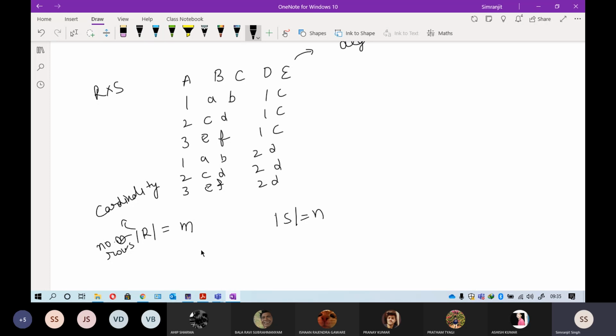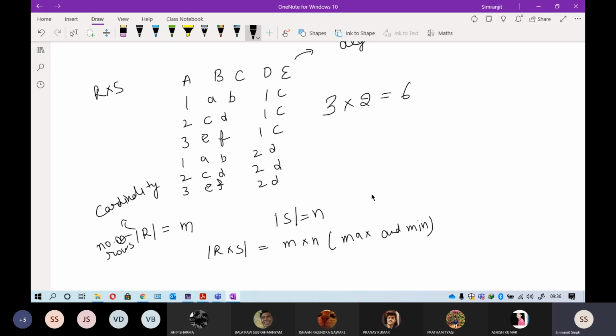When you are doing a cross product of R into S, the cardinality will be M into N. It is both maximum and minimum, so you cannot get more than that. There were 3 rows in relation R and 2 in relation S, and you will get 6 entries here. So maximum is 6 and minimum is also 6.